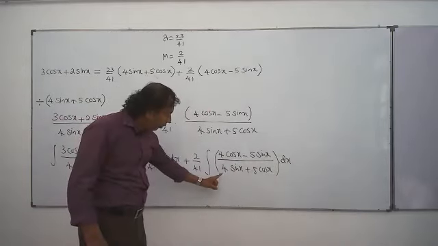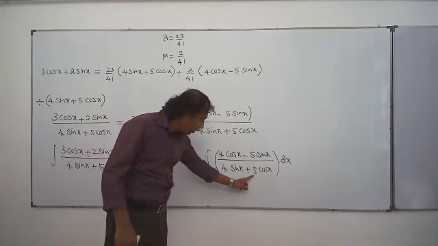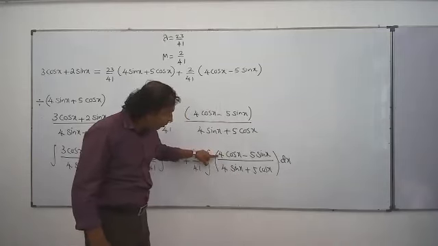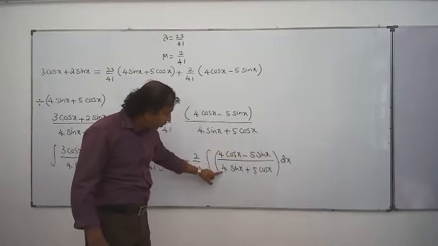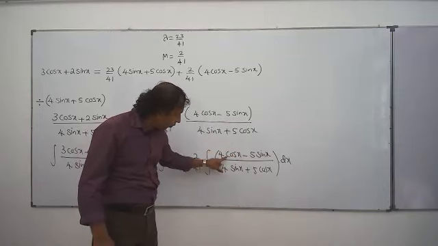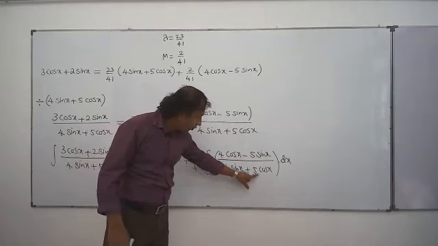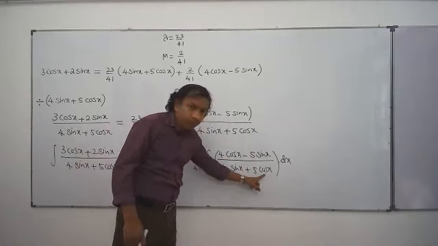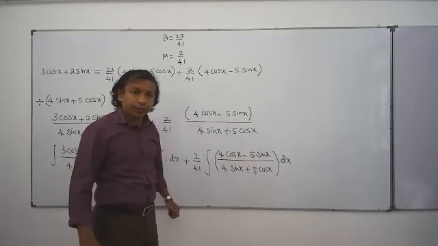Here, you know, when we differentiate this denominator, its derivative is available at the numerator. See here, we differentiate 4 sin x. What's the answer? 4 cos x. When you differentiate 5 cos x, it is minus 5 sin x. Derivative of this denominator is available at the numerator.